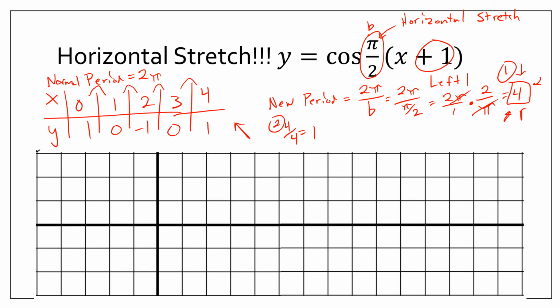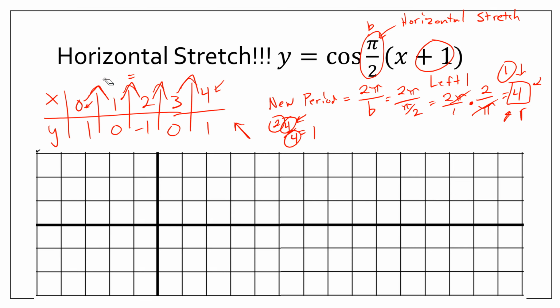Second step, we know it's going to start at 0, and we know it's going to end at however long the period is. To figure out the middle values, divide the period by 4, and it's going to be 1. Why do I divide by 4? Because there's 1, 2, 3, 4 intervals in between.